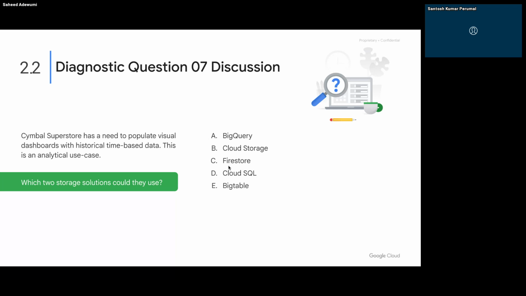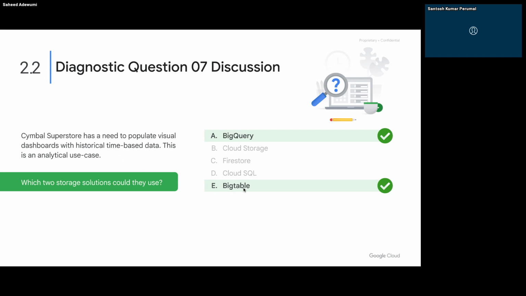They have different options here, but I think the best options should be A and E. Because here we have BigQuery for analysis of data, and it was mentioned that it will be used for an analytic use case with historical time-based data. Bigtable is for NoSQL, meaning it can be used for real-time reads.